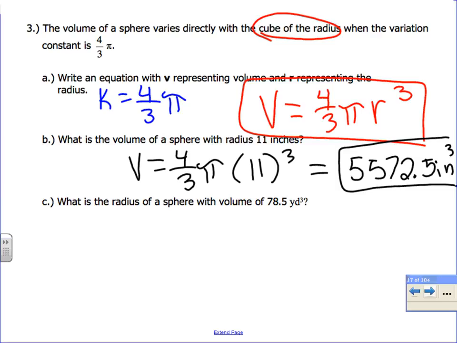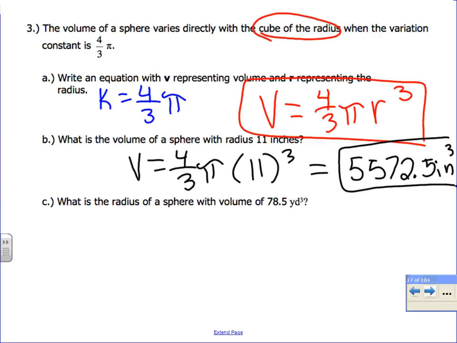Multiply that by 3.14, and then multiply that by 4/3. That's all you need to do, and you get 5,572.5. If you multiply by the regular pi button, it's going to be different. That's okay. If you use the pi button and it's a little different, that's okay.